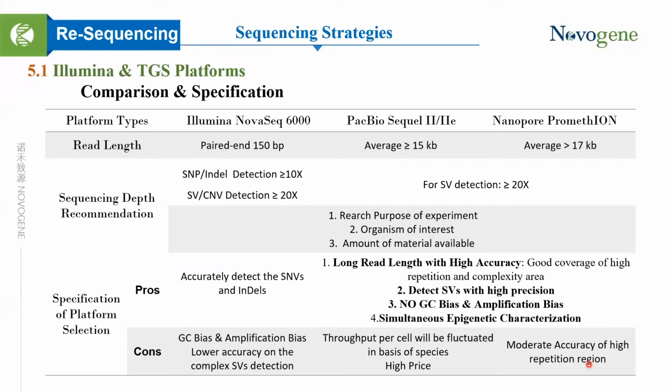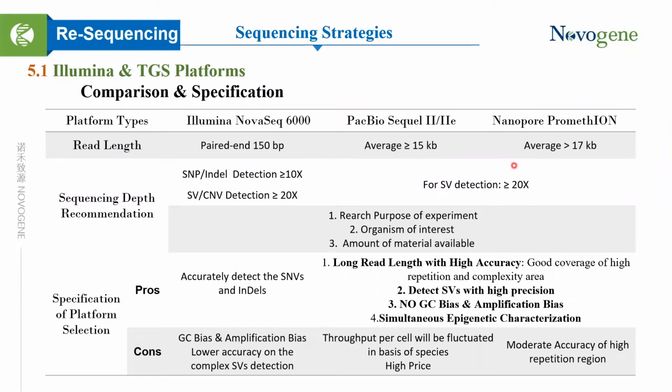And after the library construction, the sequencing could be performed optionally on Illumina or third generation sequencing platforms. Here, I summarize their comparison and specifications as a guideline for selection. So Illumina allows a paired-end sequencing of 150 base pair, in which the read length is restrained by the signal decay and dephasing, as well as gradual consumption of reagents.